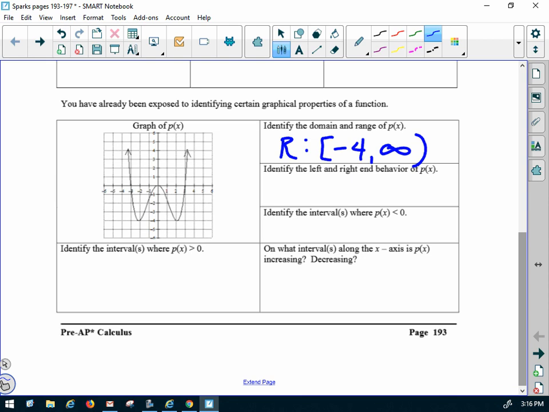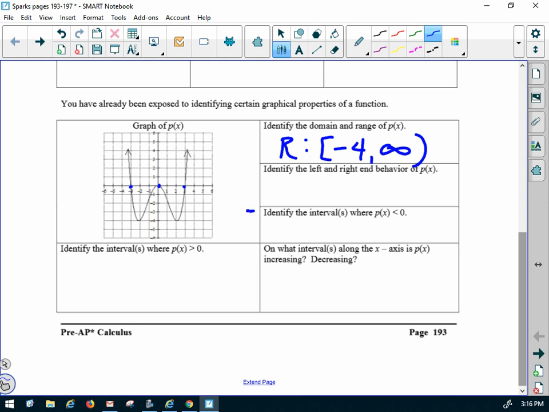As x approaches positive infinity, the function approaches infinity. Good. And the end behavior is the same because the degree of this function is even, because it's a quartic. 1, 2, 3, 4. Changing the squiggles, 1, 2, 3 plus 1. There you go. Oh, you'll learn all kinds of cool stuff about that next year in calculus.